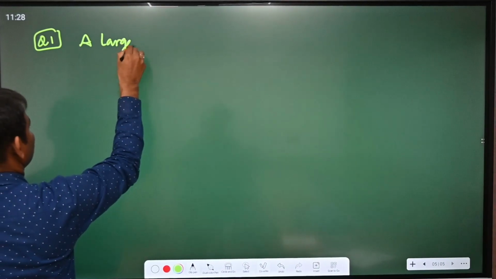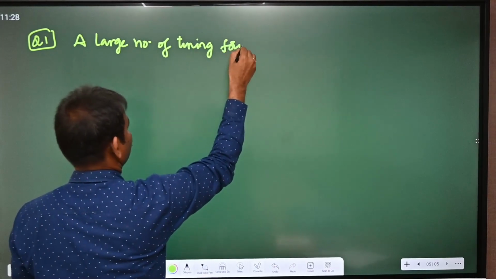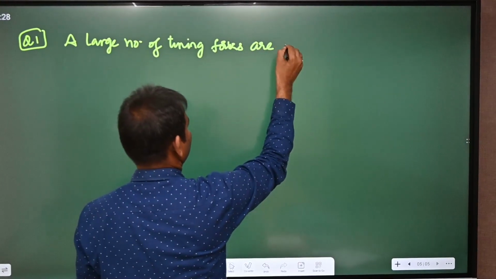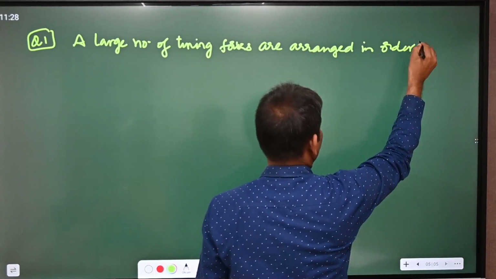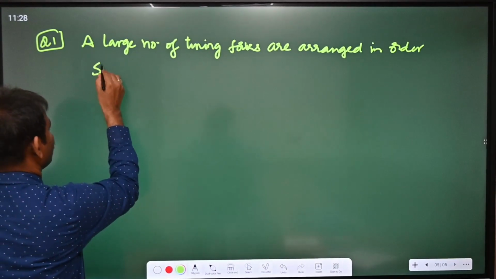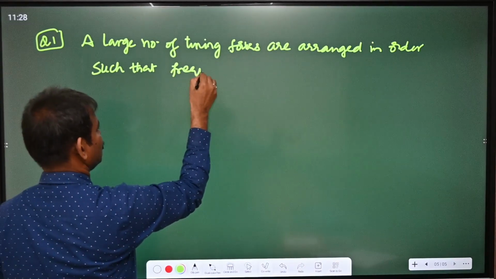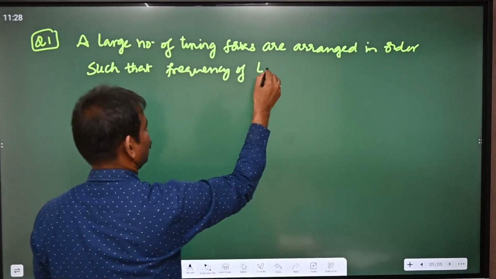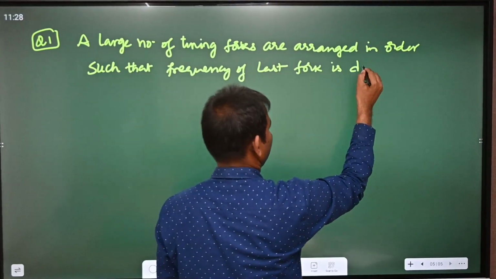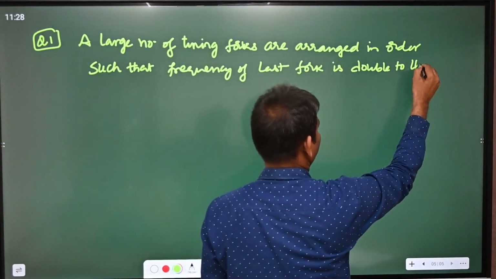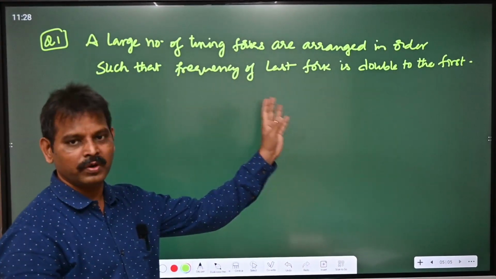A large number of tuning forks are arranged in order such that the frequency of the last fork is double the first. So I have arranged so many tuning forks here.